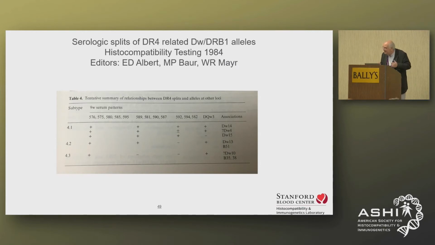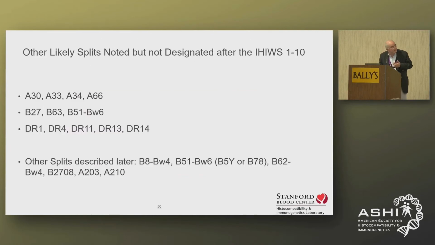So we knew that the splits existed, and they were never named. And that's really bad. That was done based on mixed lymphocyte cultures and D-typing, and we know now the sequences. But the definition of these splits is lacking, and you see these splits all the time when you do anti-HLA antibody testing. Indeed, there were many splits that were noted through the workshops that had not been named.